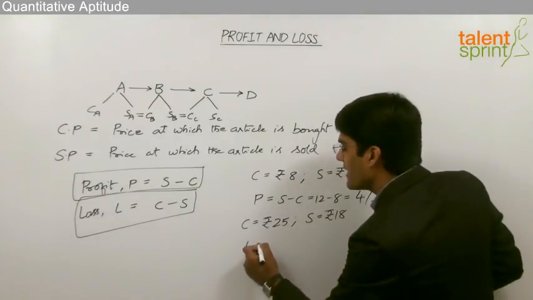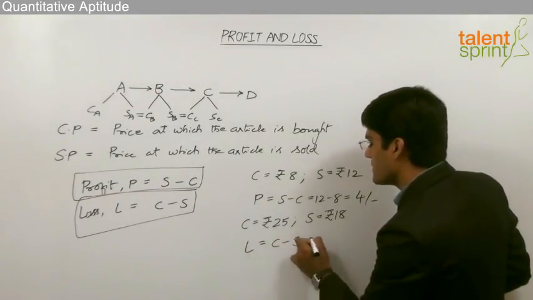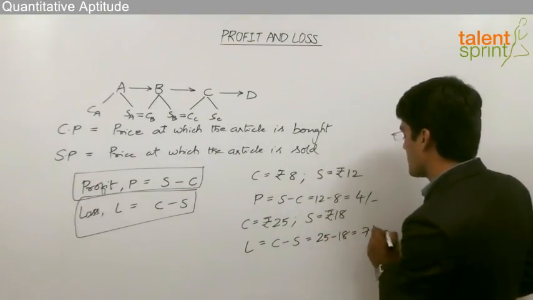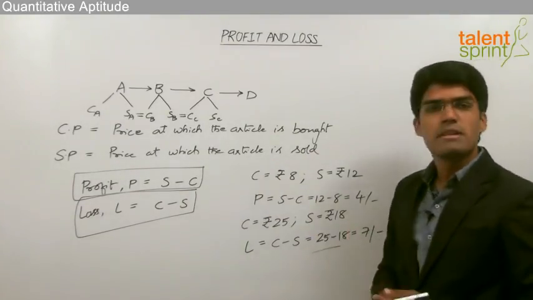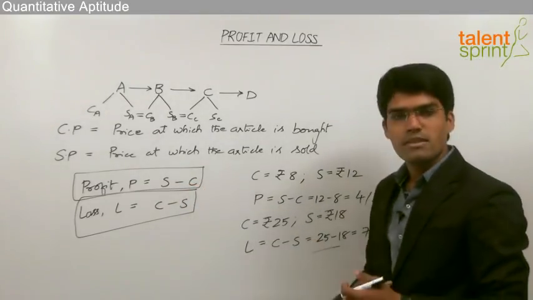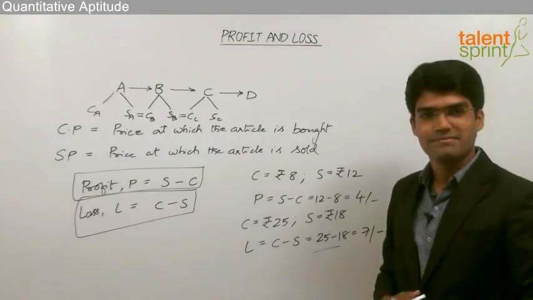So the loss L can be calculated as C minus S, which is equal to 25 minus 18, that is 7 rupees. So this is how the very simple calculation of profit and loss in terms of rupees can be done as S minus C or C minus S respectively.